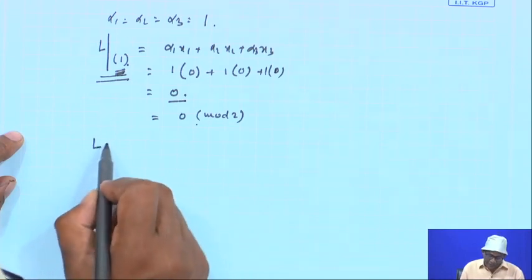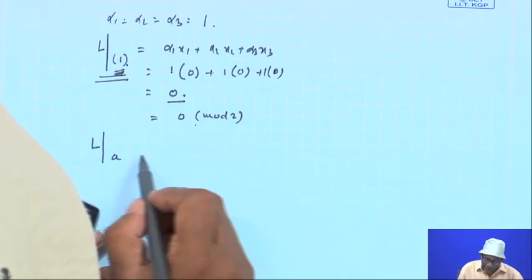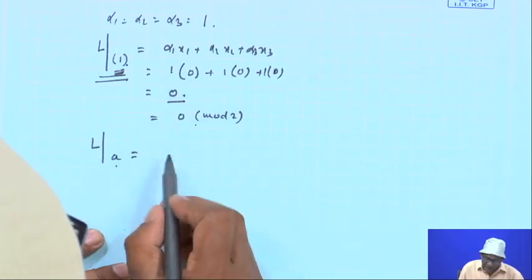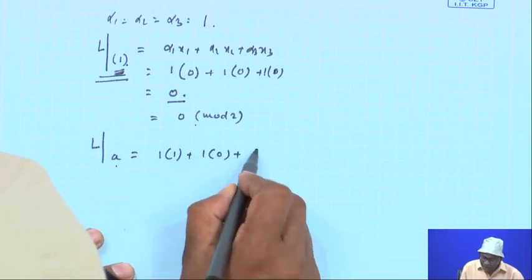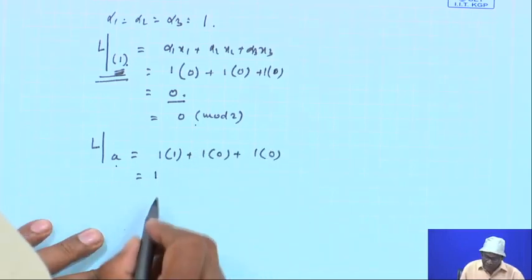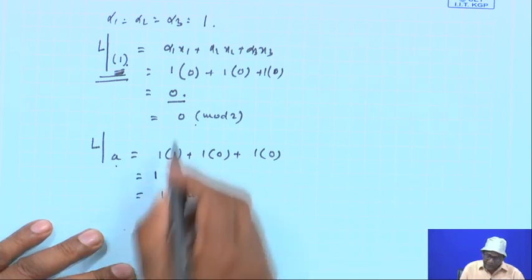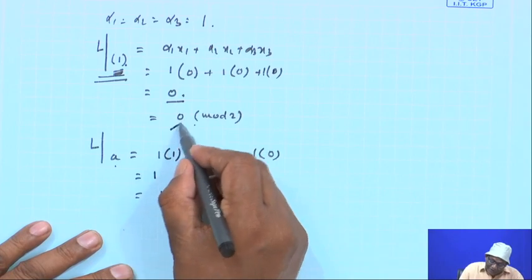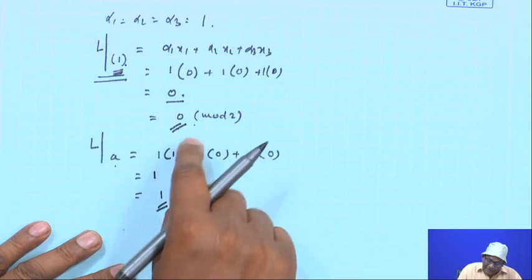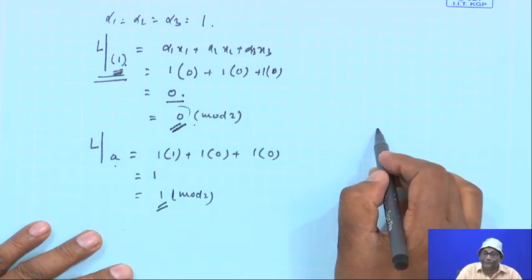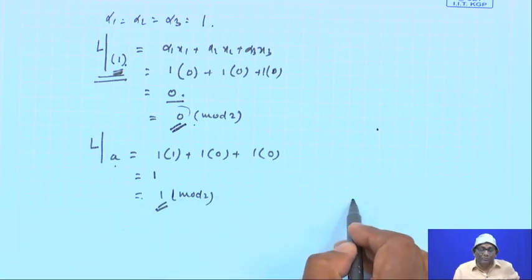Suppose we want to know the block for A. In that case it will be 1 into 1 plus 1 into 0 plus 1 into 0, which is 1, and this can be written as 1 mod 2. So, you just see whether it is going to 0 or going to 1. All those treatment combinations where this value is 0 will be put in block 1, and combinations with 1 will be put in block 2.